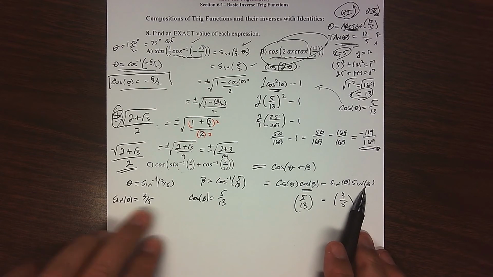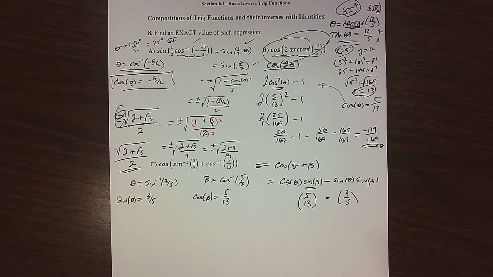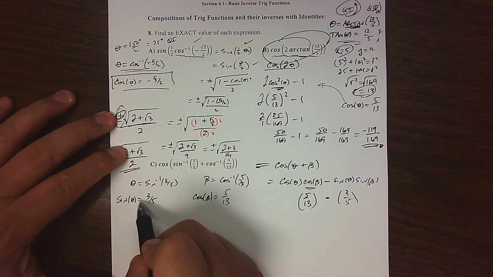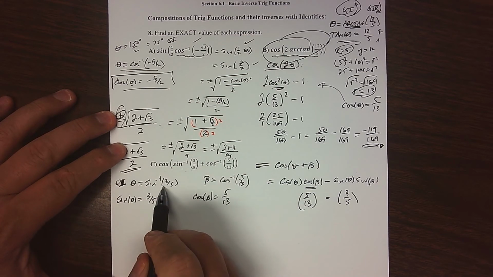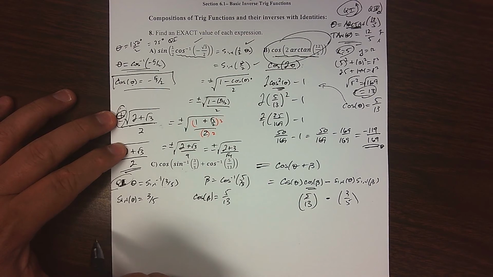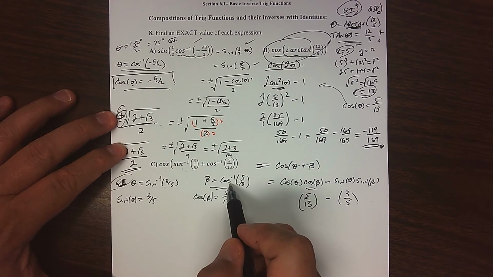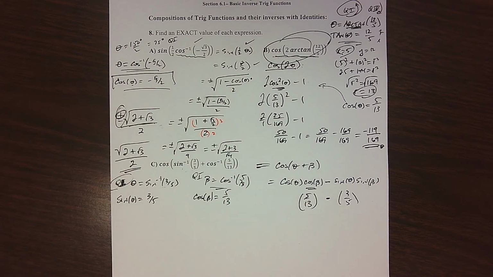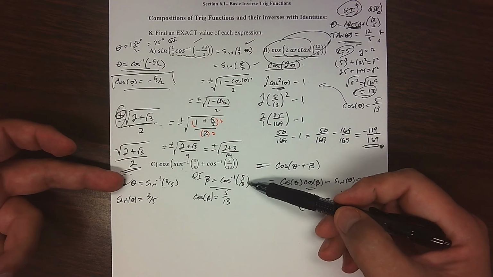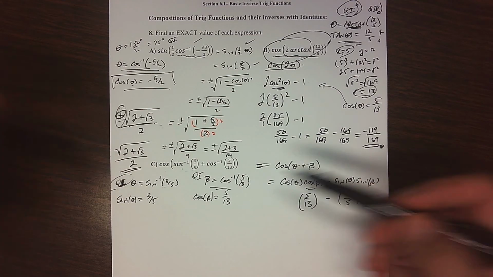By the way, in terms of quadrants, since sine's positive and we're invoking the inverse sine, we know we're in quad 1. Same thing here, since we're invoking the arc cosine, we know we're in quad 1. So everything's in quad 1 based off of the restrictions we have for the inverse sine and inverse cosine.